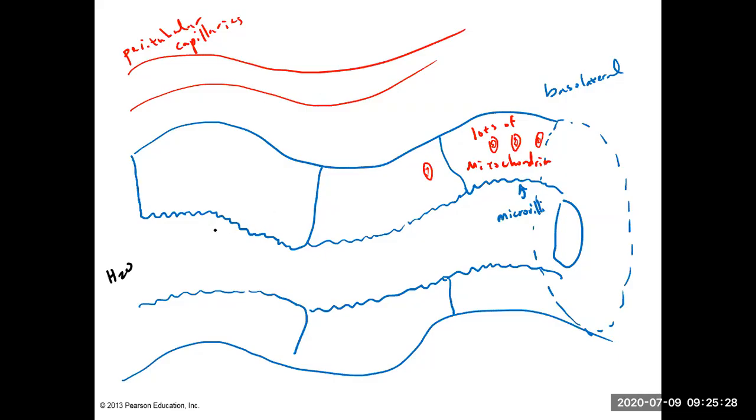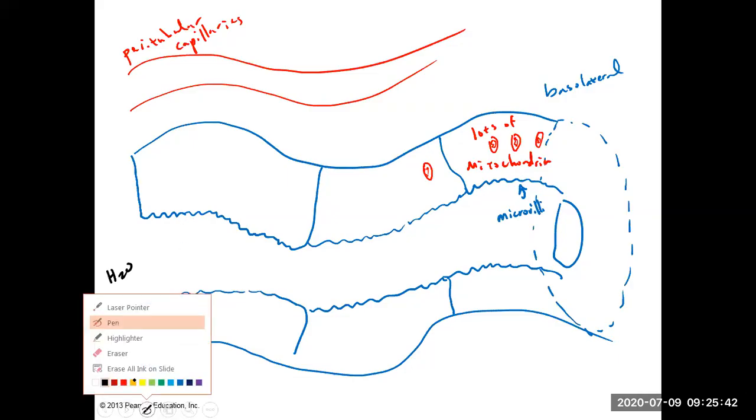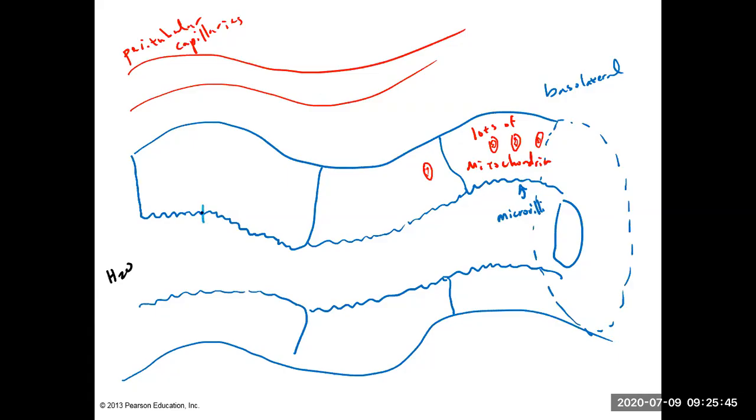But there are important channels, sometimes called water channels, and let me show you in blue color. Pretend these channels are open. This is a protein channel, and this is referred to as aquaporin.